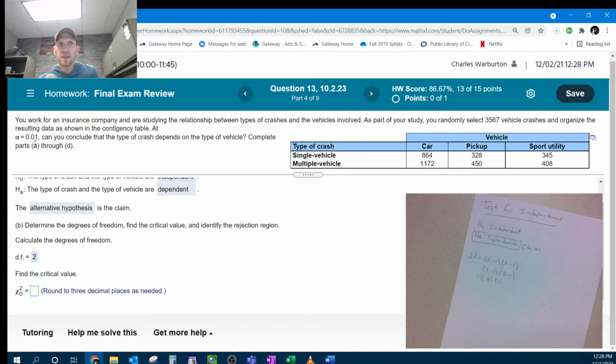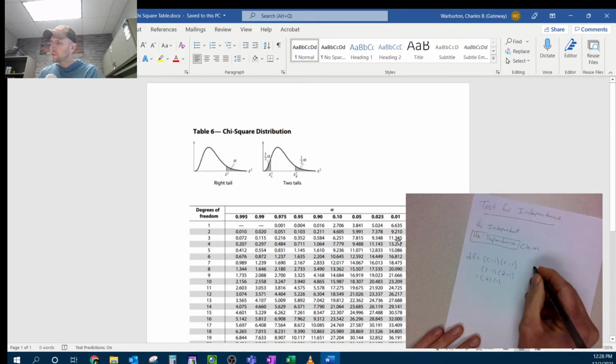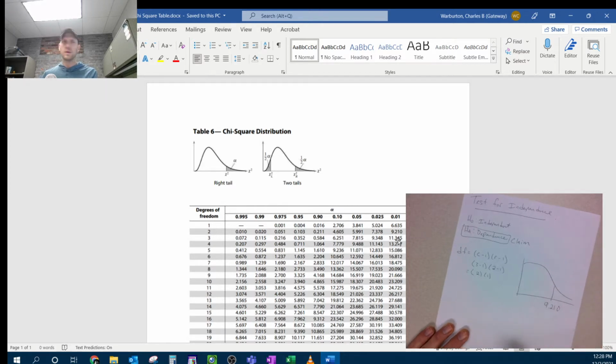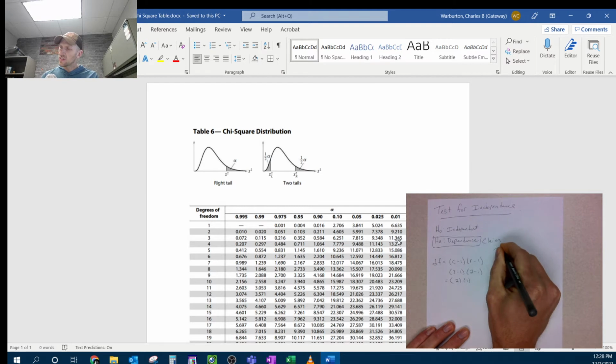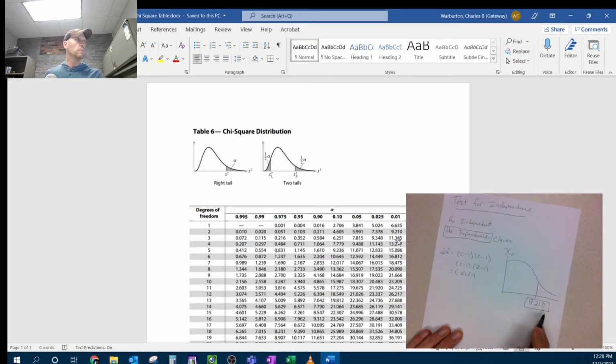Our alpha value is 0.01. Two degrees of freedom, 0.01. All right, so our critical value is going to be 9.210. For a chi-square, we always just have one tail. So that's our critical value right there. 9.210.